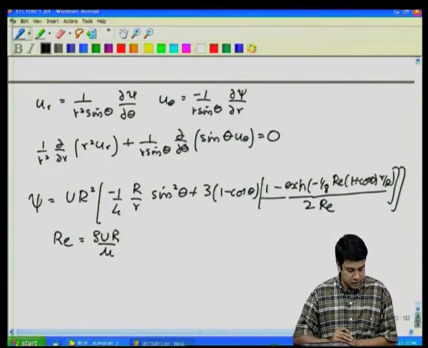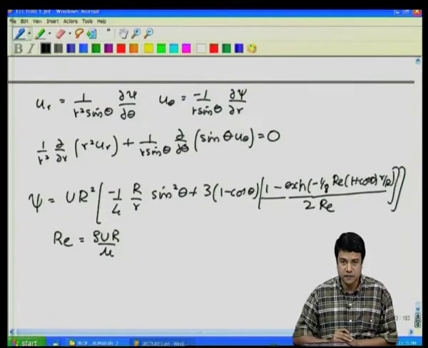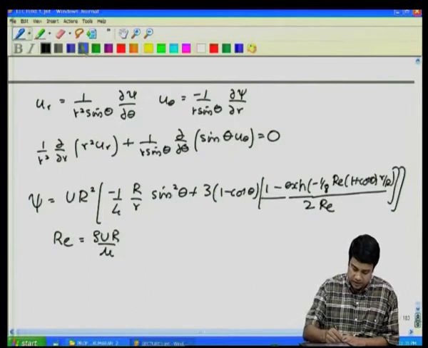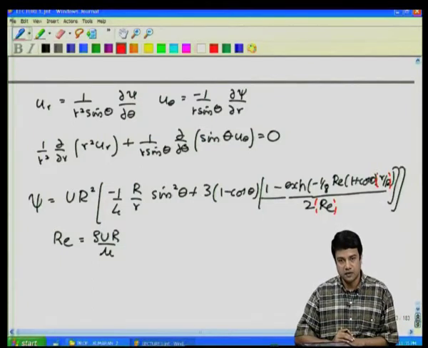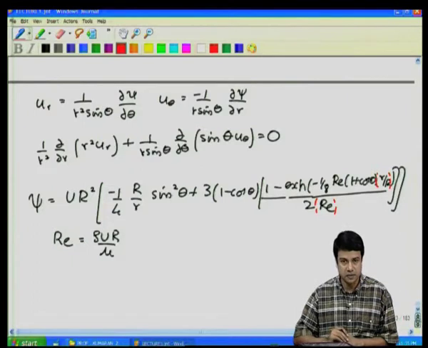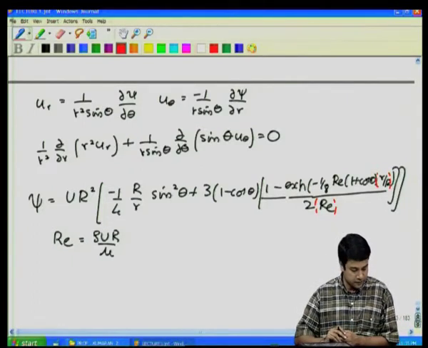You can very easily verify that very near the surface of the sphere itself, it will give back the solution that we had earlier. In that case, you are taking the limit where r by R is very much smaller than Re inverse. Note that in the exponential, I have an r by R here and Re here. If r by R is much smaller than Re inverse, then the term in the exponential will turn out to be independent of Re, because when I expand this out in a Taylor series expansion, I will get a term that is independent of Re.